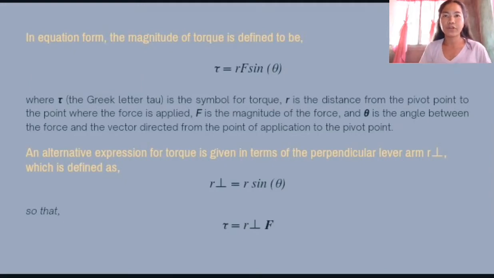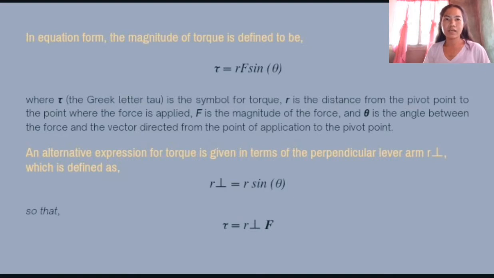In equation form, the magnitude of torque is defined to be torque equals r F sine theta, where tau, the Greek letter, is the symbol for torque. r is the distance from the pivot point to the point where the force is applied.